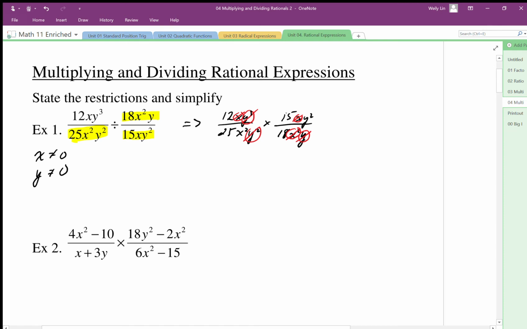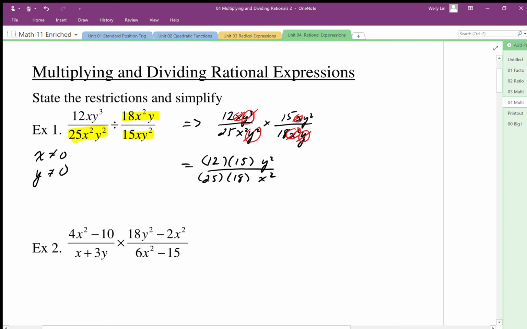Okay, I have factors here of 5. Actually, what I'm going to do is another step because it's starting to get a bit messy. So I have 12 times 15 times y squared. It looks like all my variable parts are taken care of. I have 25, 18, x squared.